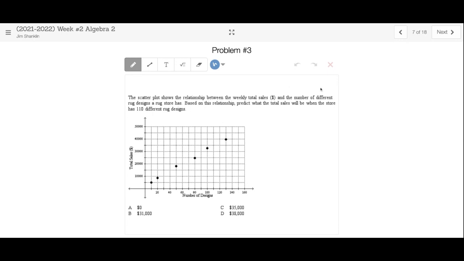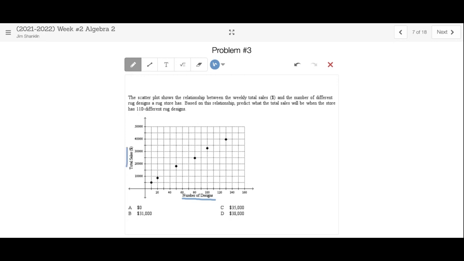Okay, so problem number 3, it says the scatter plot shows the relationship between the weekly total sales and the number of different rug designs a rug store has. Based on the relationship, predict what the total sales will be when the store has 110 different rug designs. Down here, number of rug designs. Up here, total sales.